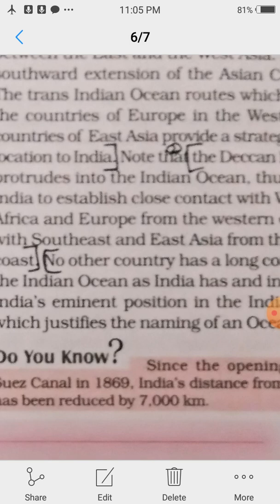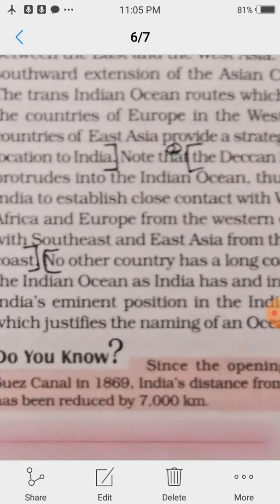No other country in the world has such a long coastline as India. This is important, and that is why even the ocean's name is Indian, because India's coastline is longer compared to other countries.